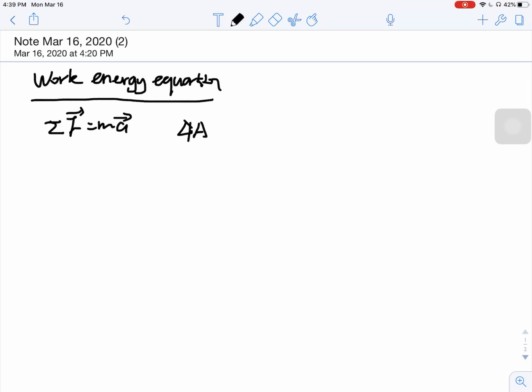And this is the equation we've been using at step 5 to solve the unknowns such as forces or accelerations. And today we're going to look at this equation in more detail.